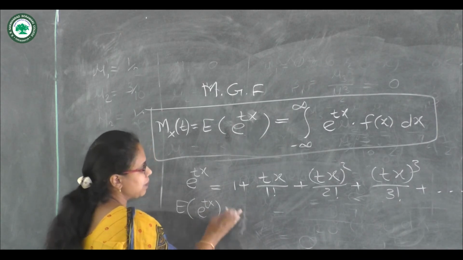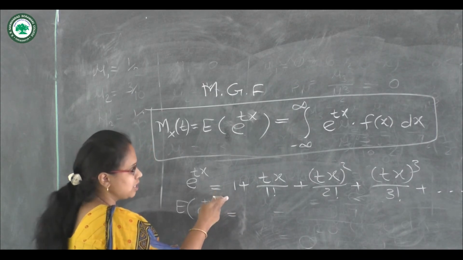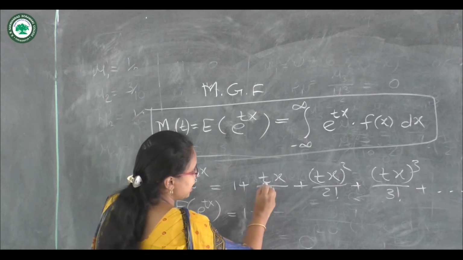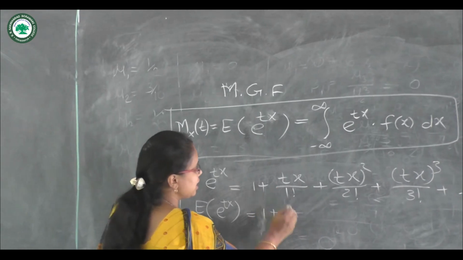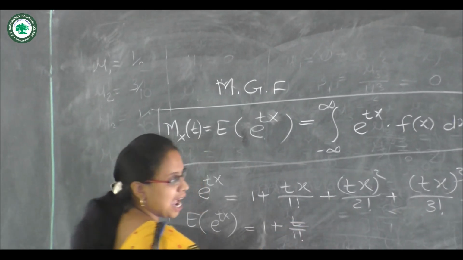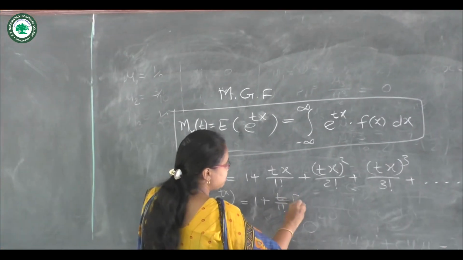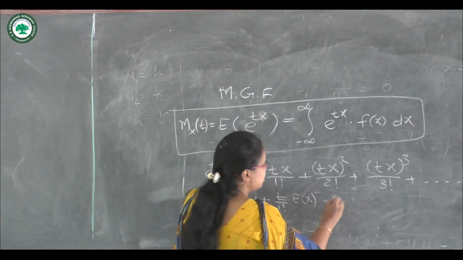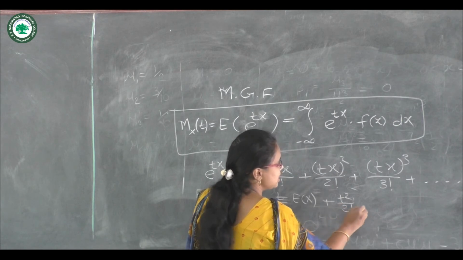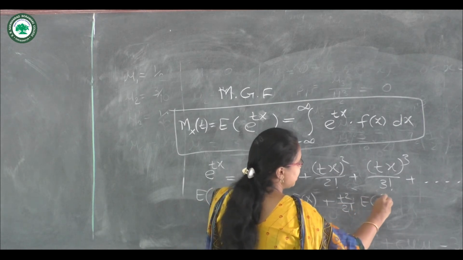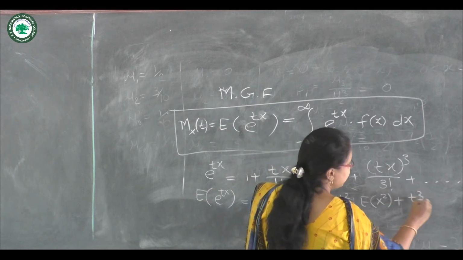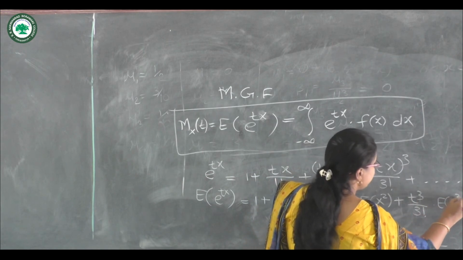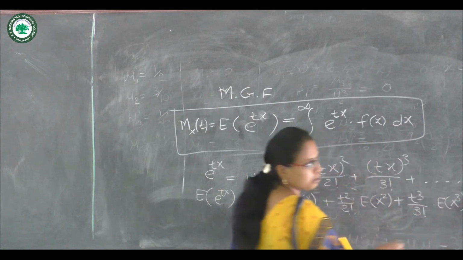We know that expectation of a constant is a constant itself, that's why it is 1. Then plus t upon 1 factorial as it is, and expected X, then plus t square upon 2 factorial as it is and expected X square, plus t cube upon 3 factorial into expected X cube and so on.